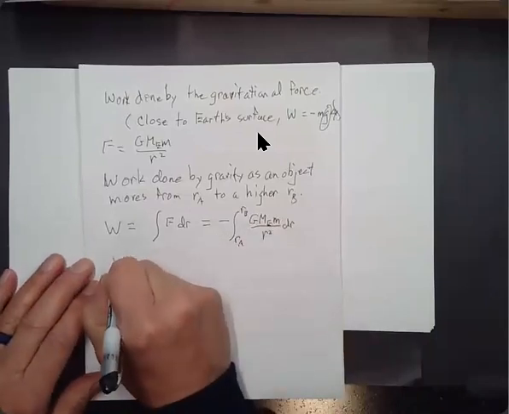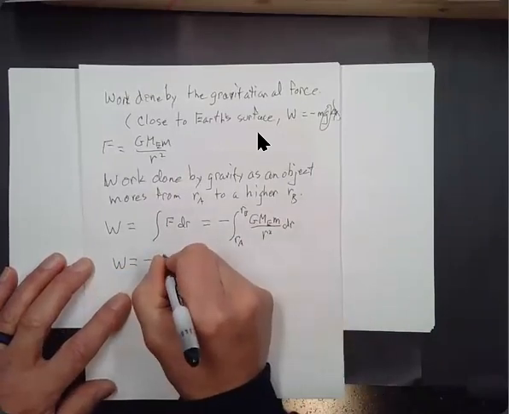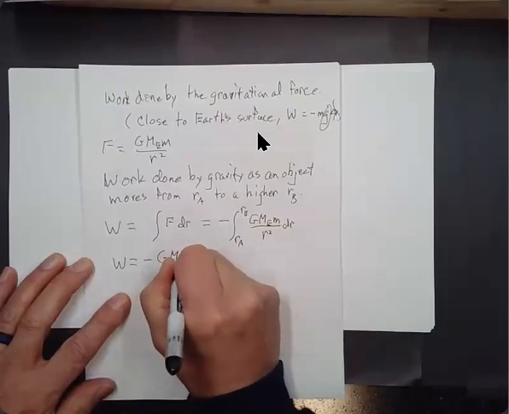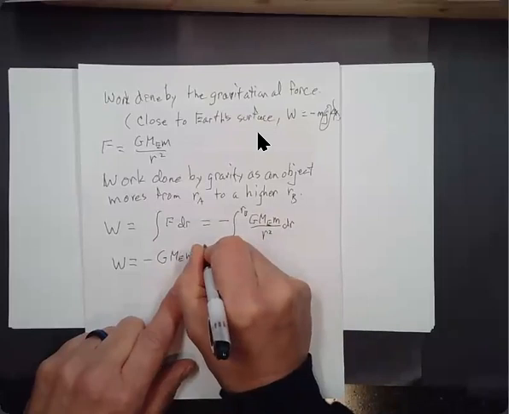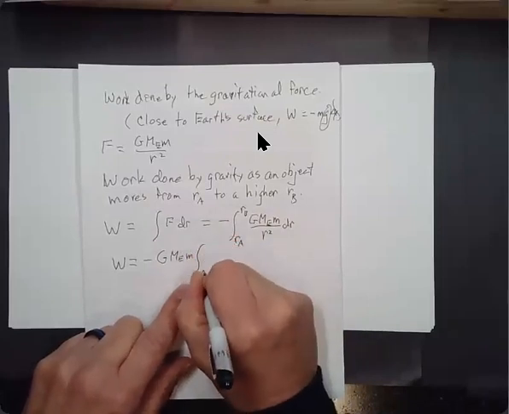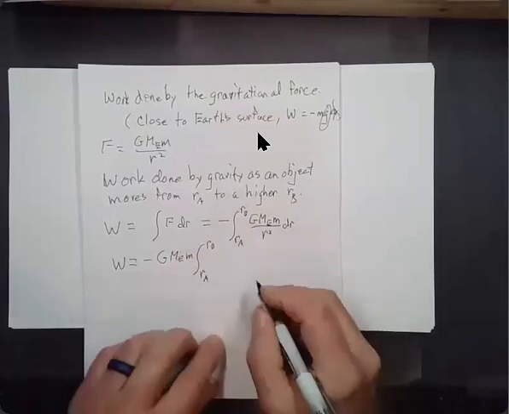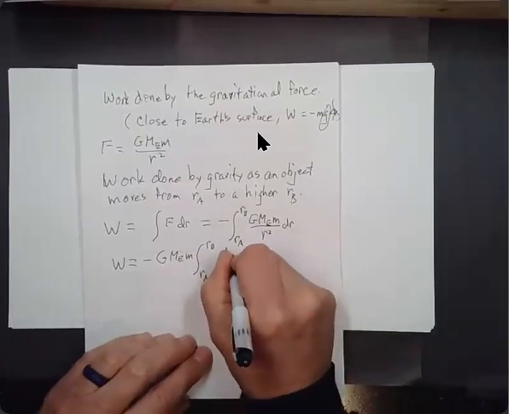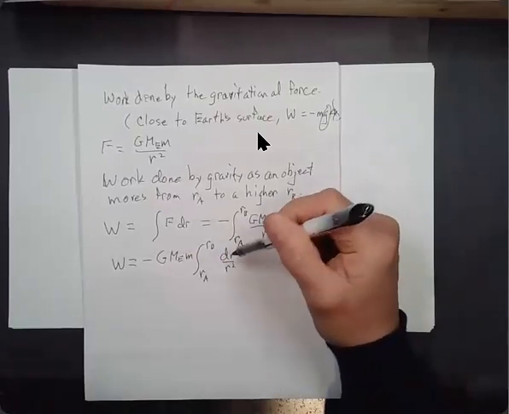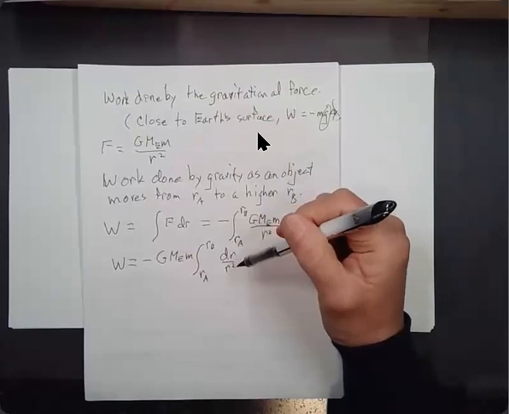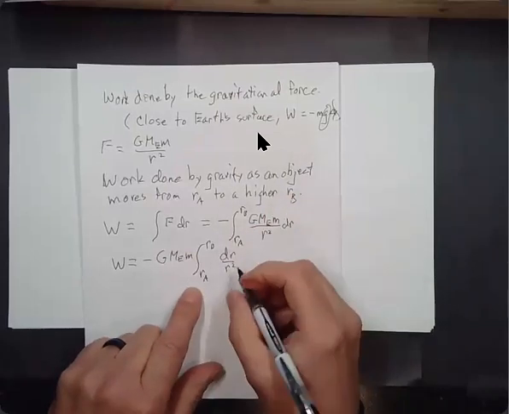And so this work is going to equal minus G times the mass of the Earth times the mass of the thing we're lifting up. And then we've got the integral R sub A to R sub B. And left inside is just dr over R squared. Well, shoot, that's an integral you probably know how to do, at least I hope. If not, you will soon.